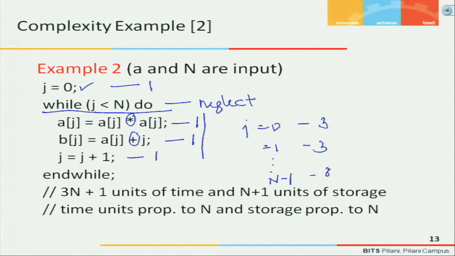So, these computations are going to be repeated n times, that is 0 to n minus 1. Therefore, the number of computations all together is 3n, and this is another one. So, 3n plus 1 units of time.